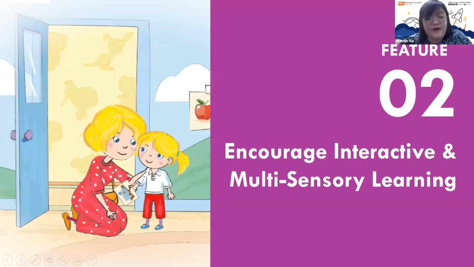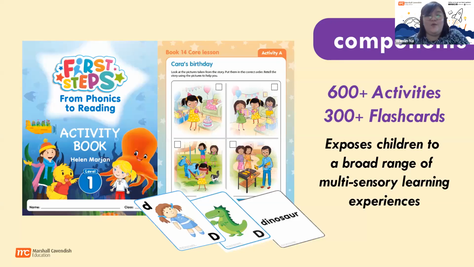All right, the next part is the second feature, whereby our program encourages interactive and multisensory learning. So using our sight, hearing, movement, and touch, our wide array of activities in our activity book and program guide allows children to have more than one way to connect with what they are learning.